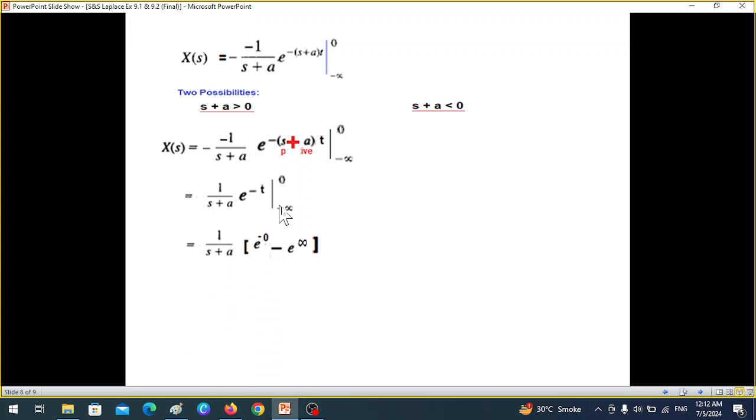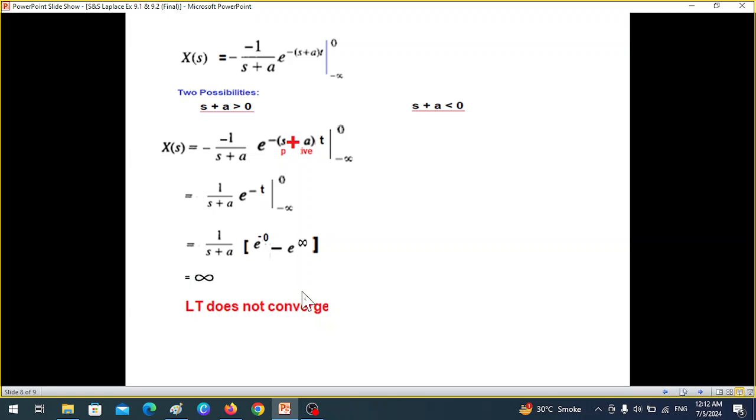Putting in the limit, e raised to the power -0 minus e raised to the power infinity t. The minus will become plus, e raised to the power infinity. And now, since there is an e raised to the power infinity, the whole thing will become infinite. So we can say that the Laplace transform does not converge in this case.